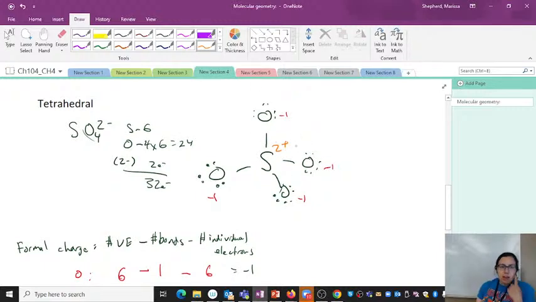And then our next rule of evaluating structures is we want to minimize formal charges, and we also want to at least try to get the negative charge on the most electronegative atom. So in this case, we have this issue of a 2+ charge on sulfur and all these -1 charges on oxygen. So there might be another way to write this structure.